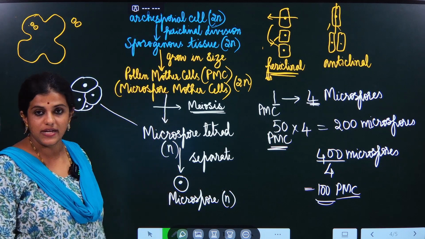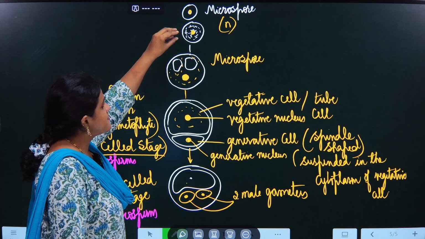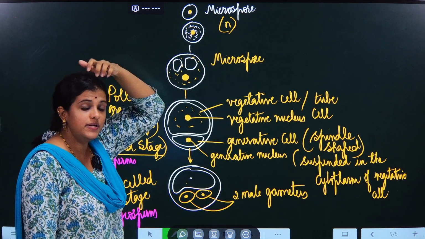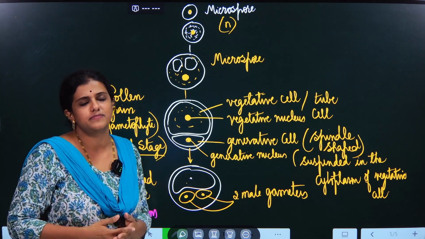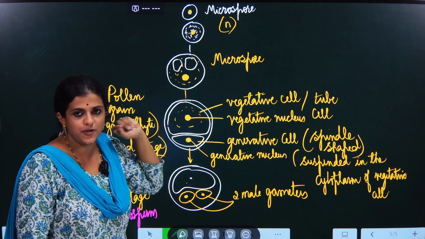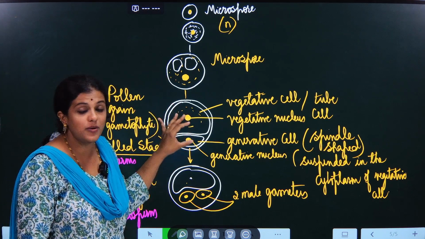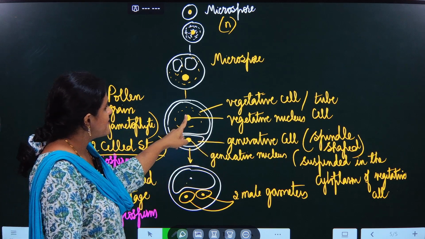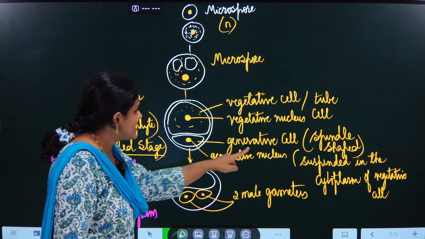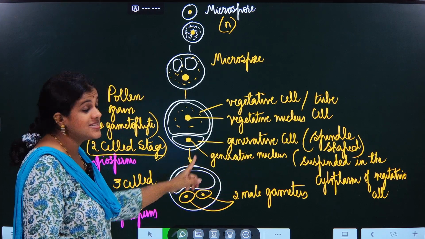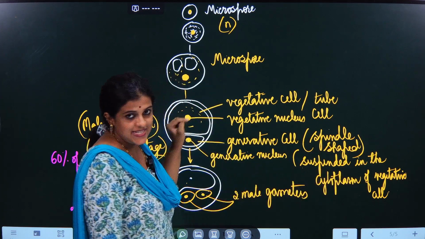So this process is called microsporogenesis. Next, the individual microspore will develop in size, store a lot of materials, and develop vacuoles, and ultimately the nucleus will undergo mitosis to form 2 unequal cells: the vegetative cell or tube cell containing the vegetative nucleus, and the generative cell, which is spindle shaped and suspended in the cytoplasm of the vegetative cell.